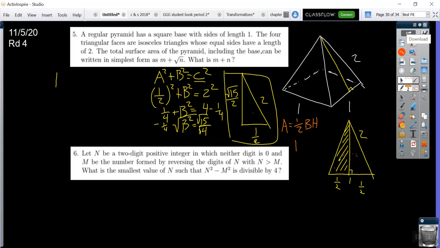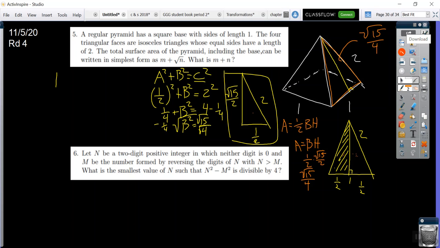So the area is going to be base times the height. And the base is 1/2. The height is square root of 15 over 2. And so the area of one face is going to be square root of 15 over 4.